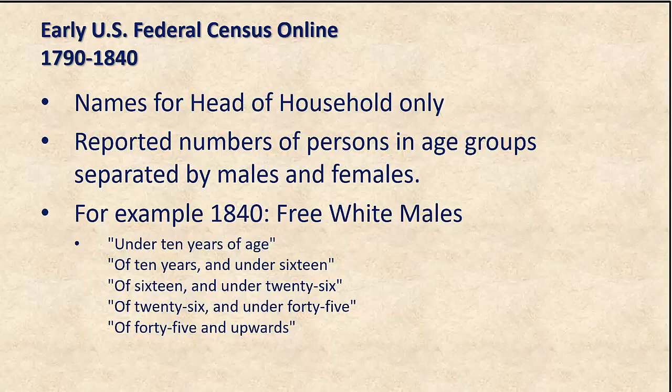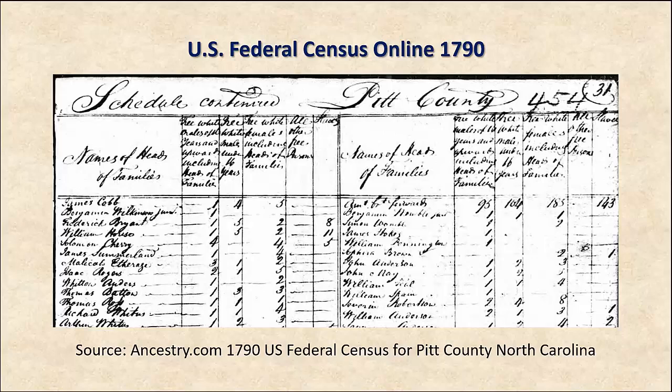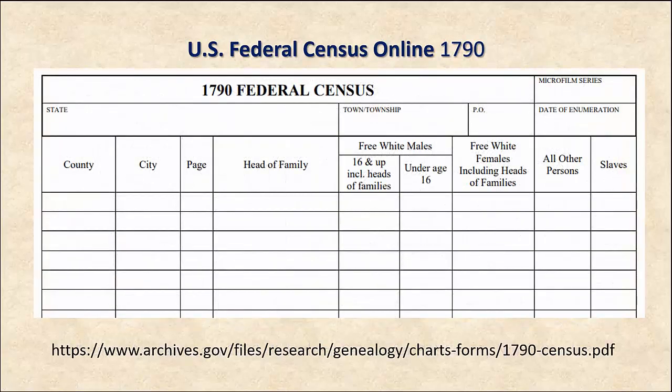Okay, so if we look and see what that might look like, this is an example of the 1790 census, and as you can see, it is really kind of hard to read. This says free white males of years and up, of 16 years, no, of... see, I can't read it, right? So this is why I advise you to download the schedule.